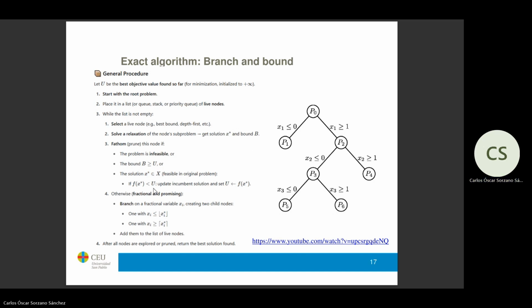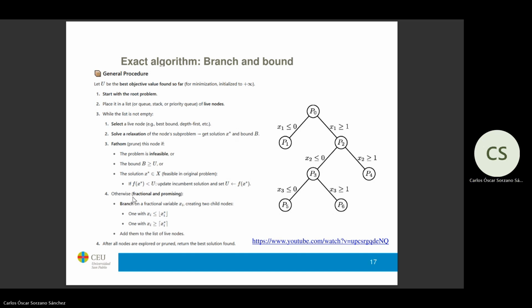And let's say that the solution is feasible. So you have found this solution. The solution is feasible, but the function evaluated there is smaller than the upper bound, so you update your bound.